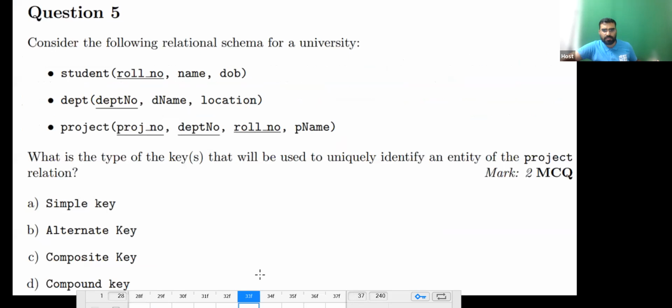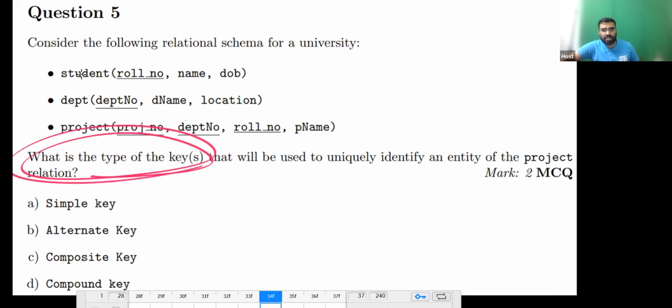Okay, let's move on now. Let's see another question that is not worthy of the GATE exam. The question is asking which type of key it is, like in the project table, which type of key you have.